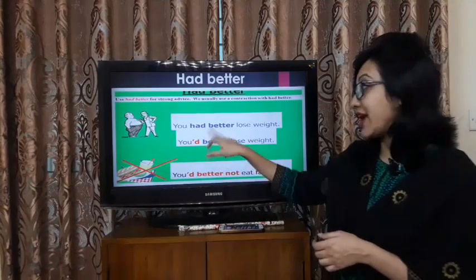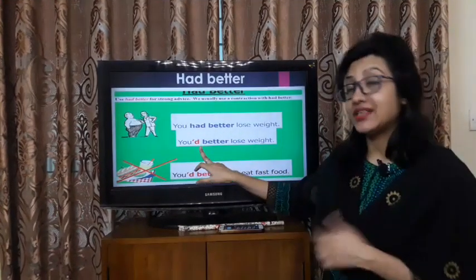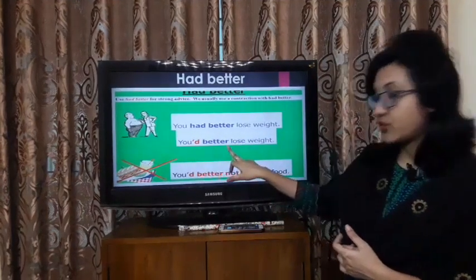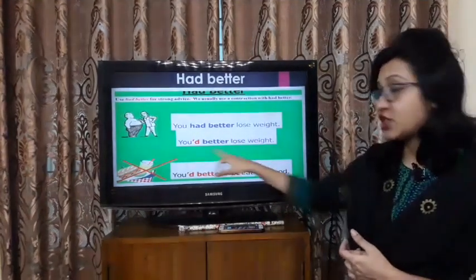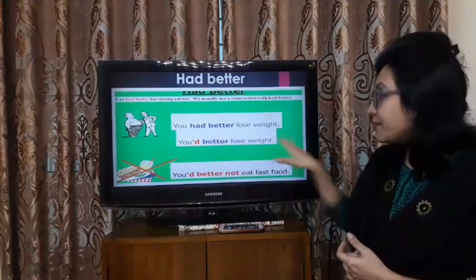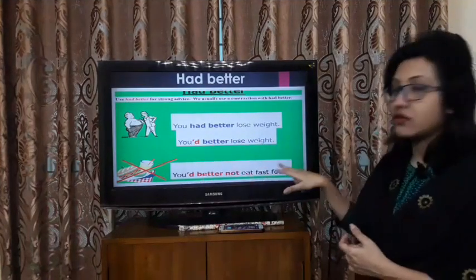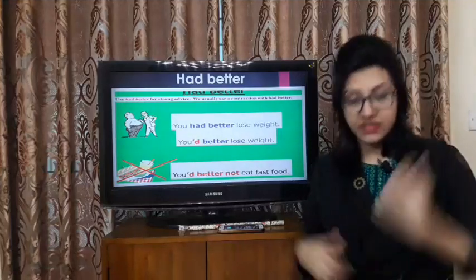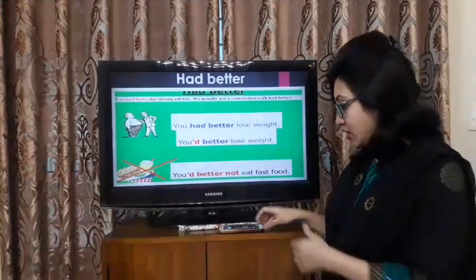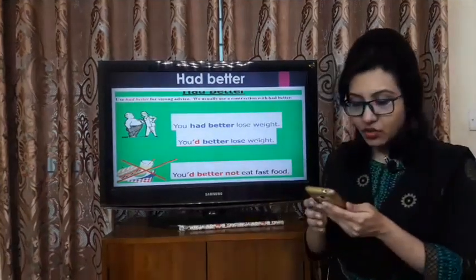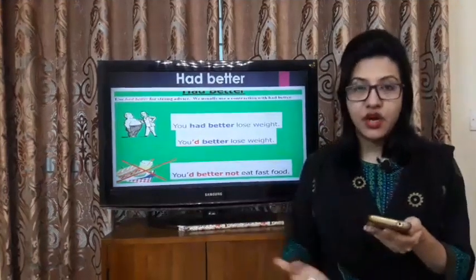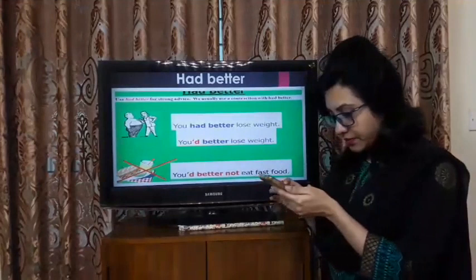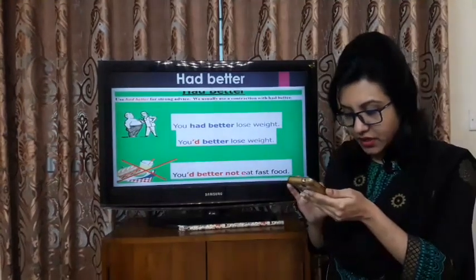So had better can be used as the contraction form as you'd better. এটাও কন্ট্রাকশনে এভাবে লেখা যায় শর্টে. তাহলে you had better lose weight, you'd better lose weight, দুটোই কিন্তু একটা অ্যাডভাইস. আমি একজনকে একটা উপদেশ দিচ্ছি যে তোমার কি করা উচিত. তোমার to become fit, you have to lose your weight. তোমার ওজনটা কমানো উচিত, ঠিক আছে.